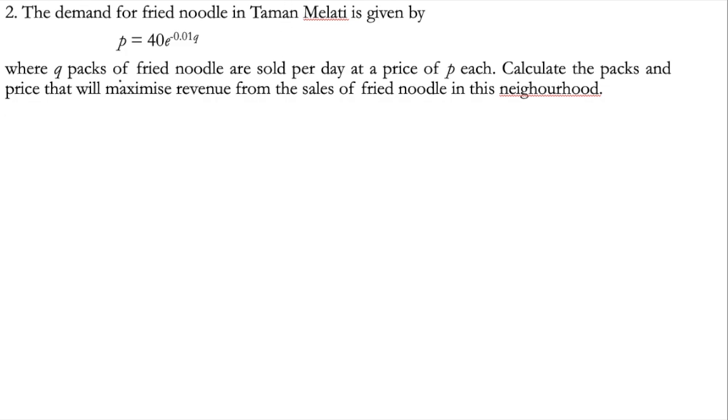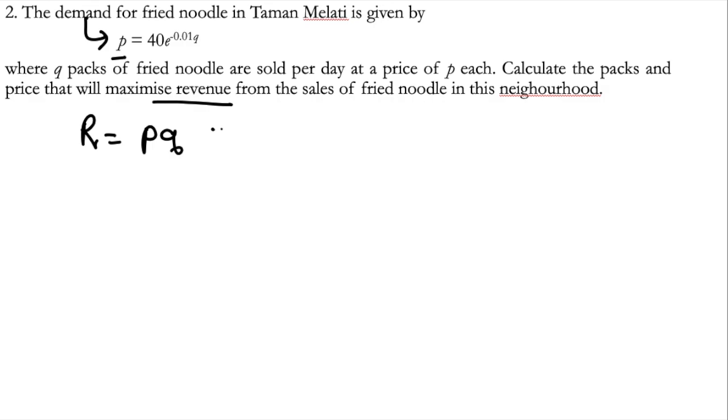Okay, so if you see here, the price that will maximize the revenue. What we are given is demand. Demand is actually price, not revenue. So in order to maximize revenue, the first thing is to find the revenue function. We know that the revenue function is price times quantity.